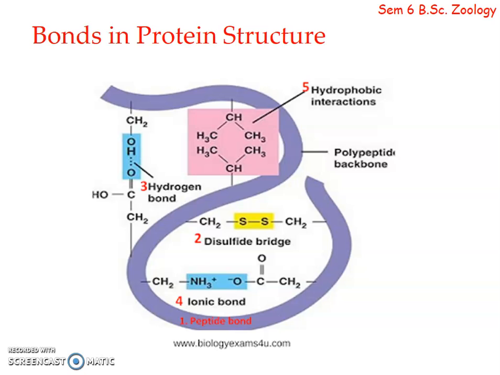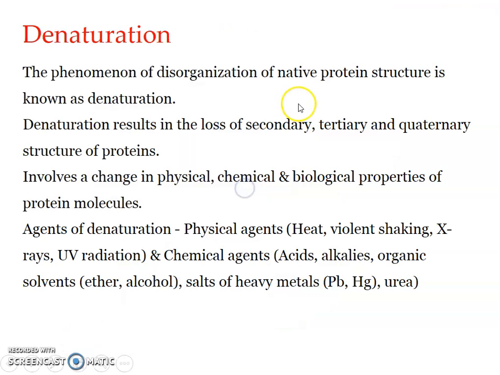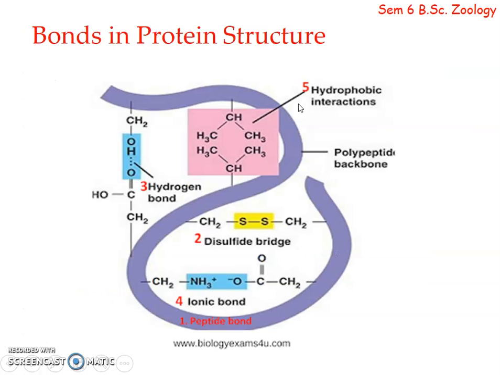The second kind of non-covalent bond is hydrophobic interactions or hydrophobic bonds. It involves the nonpolar side chains of amino acids, which tend to be closely associated with each other in proteins. So when they are folded, for example, here it is folded, right?